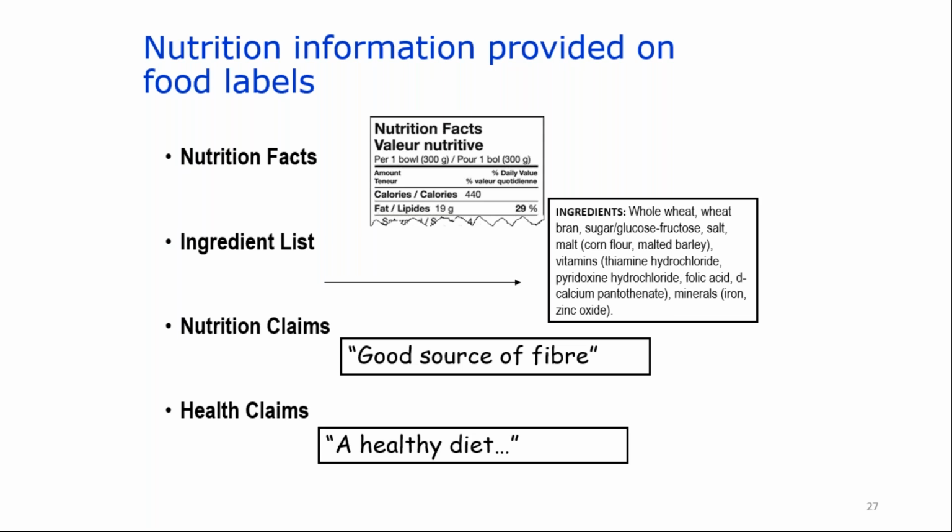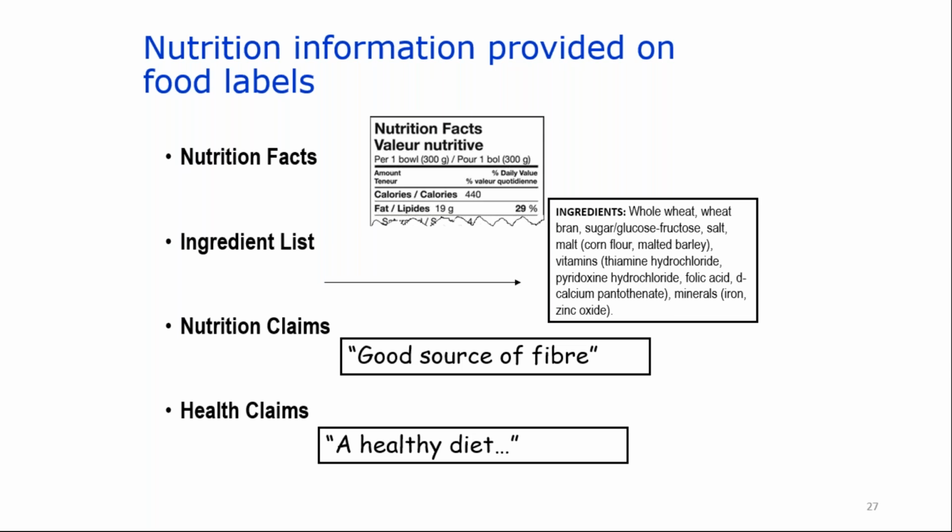So for the nutrition facts label, what you need to look for is the nutrition facts. You need to look at the ingredient list. You need to look at any nutritional claims or any health claims to choose the food, because this will help you in making a wise choice.